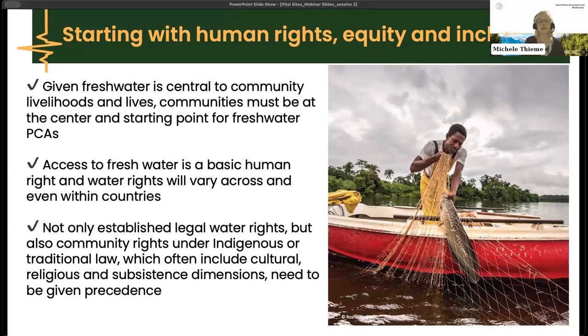And here we're talking not just about established legal water rights for economic purposes or for consumption, but also community rights under indigenous or traditional law. These often include cultural, religious, subsistence dimensions, and these need to be given precedence.